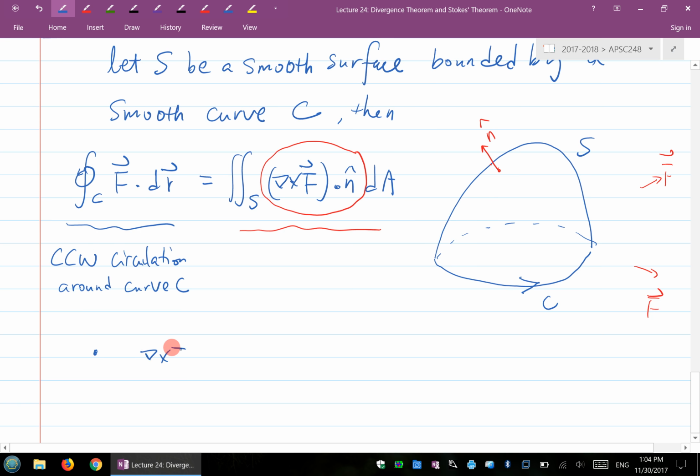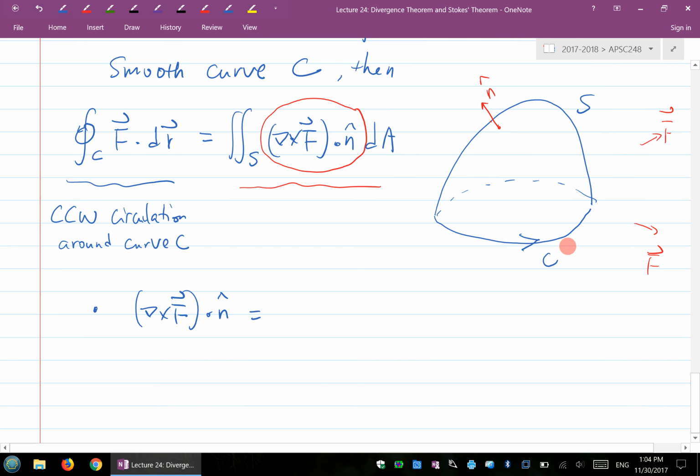If you recall, this is how we approached the concept of curl.